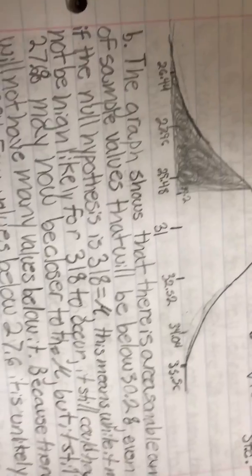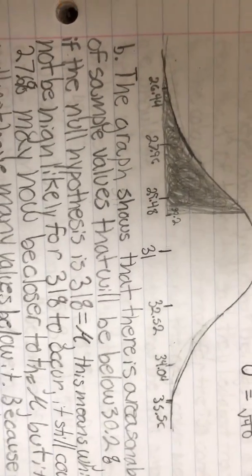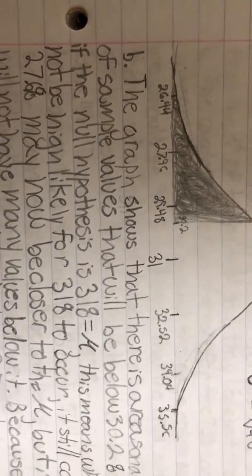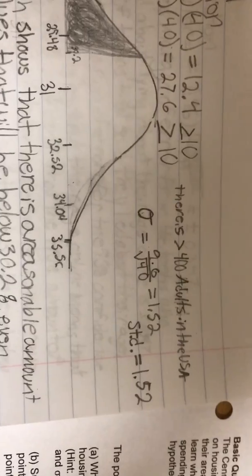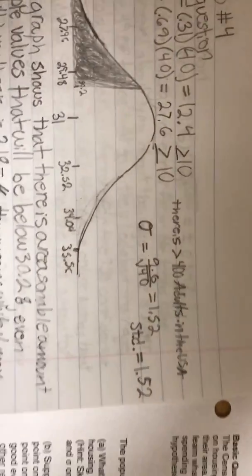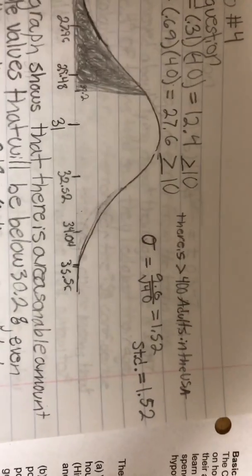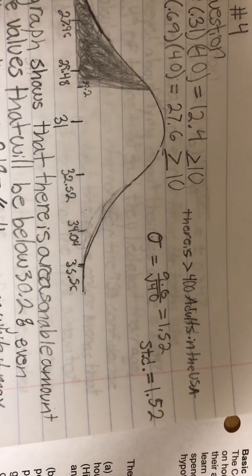Obviously, if we're assuming the null hypothesis is true, 31 is our mean. To find our standard deviation, we take 9.6, the population standard deviation as stated, and divide that by root 40 because of the 40 households in the Cleveland metropolitan area. So 9.6 divided by root 40 equals 1.52.